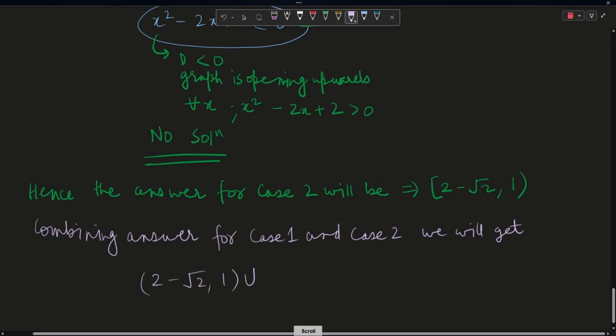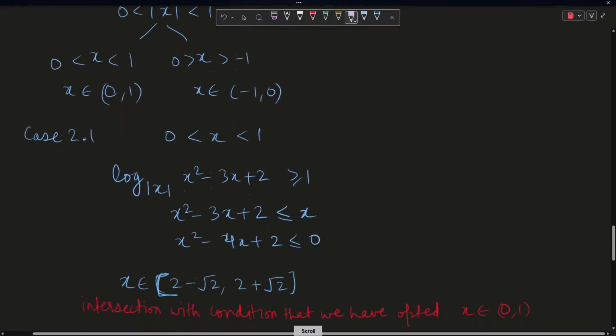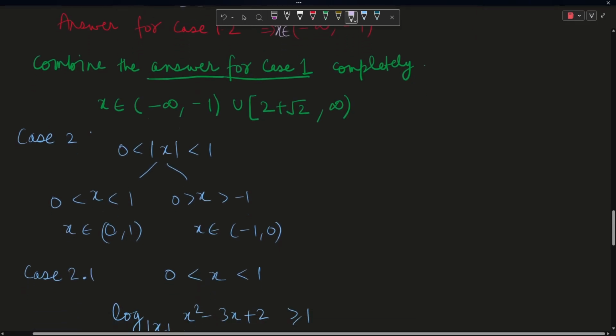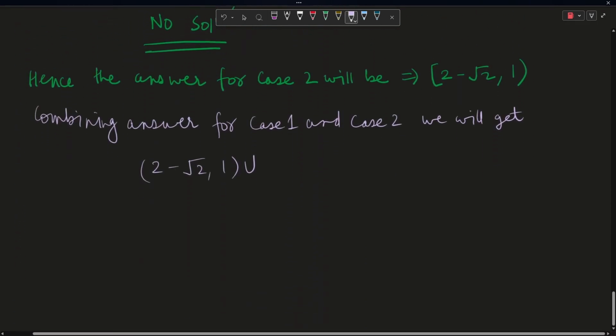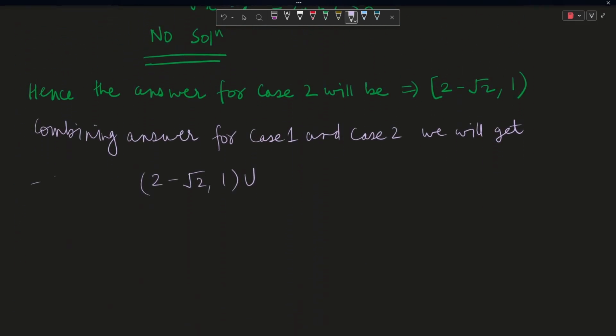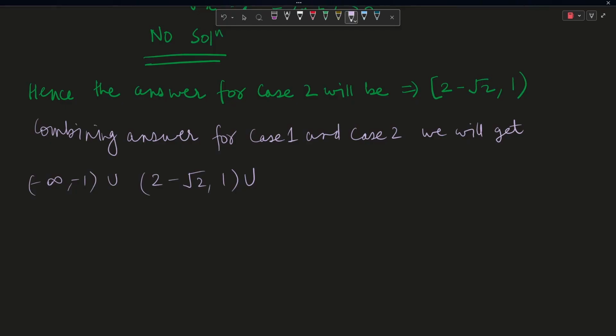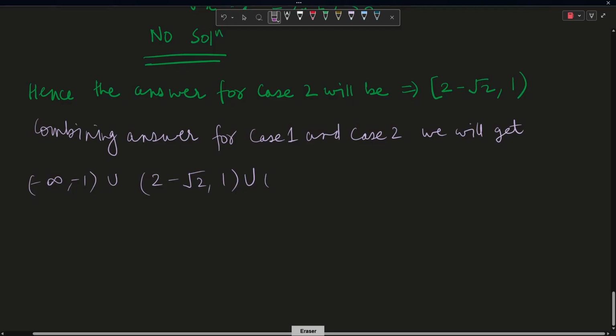And what was the answer for case 1? Let me see. It was minus infinity to minus 1, union 2 plus root 2 to infinity, right?